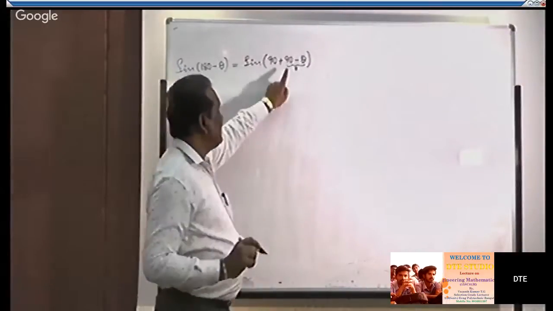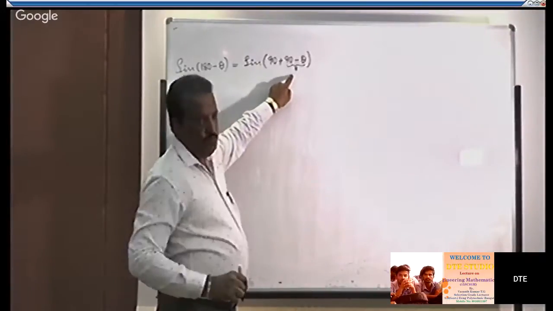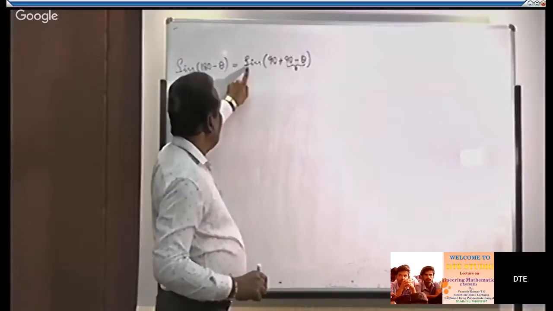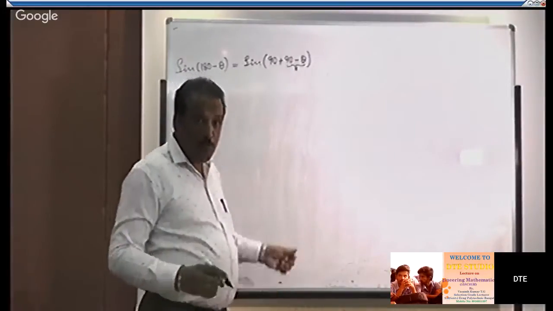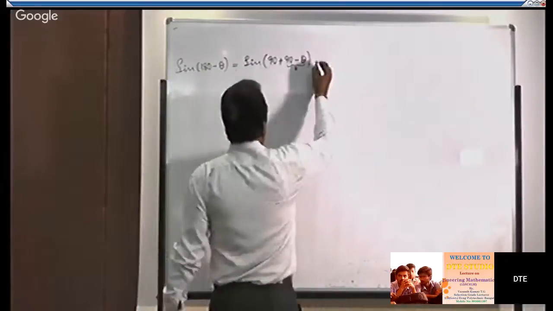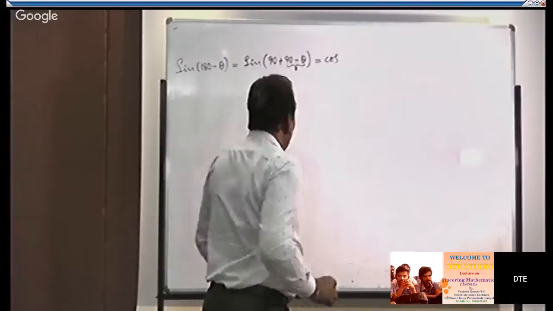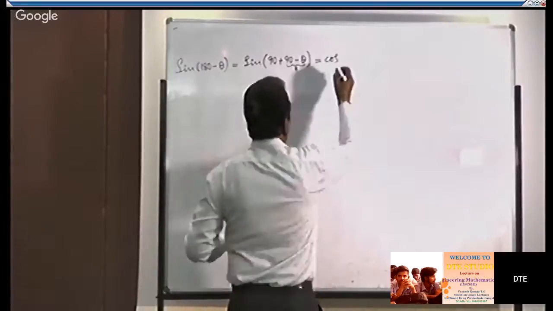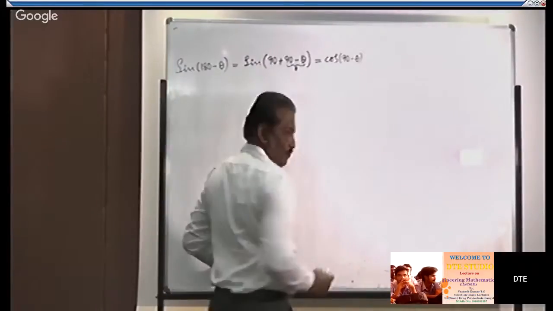If it is so, you can read this as sine of 90 plus theta. But we proved just now that sine of 90 plus theta is cos theta. But what is there in the place of theta? It is 90 minus theta. I hope it is clear for you.